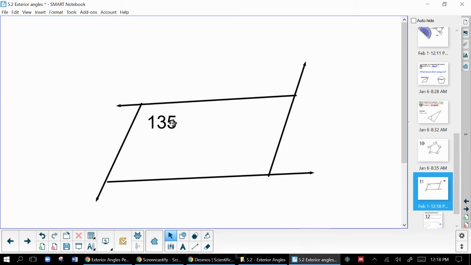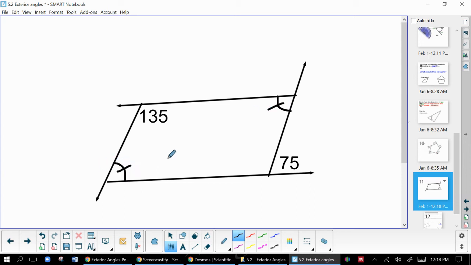If this angle is 135 and this angle is 75, and maybe I even go ahead and say that this angle and this angle are equal, what is that angle? So there's a lot to look through here, but we can still use our exterior angles. We just don't happen to have them all this time.